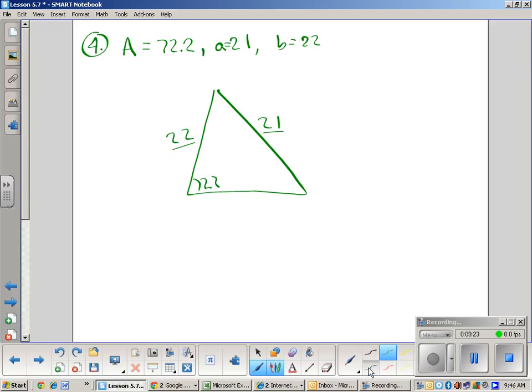So if we look for this distance here, call it x, x is going to equal 22 sine of 72.2. So what is that? 20.9. So 20.9 is shorter than 21. So therefore, there's going to be how many solutions?